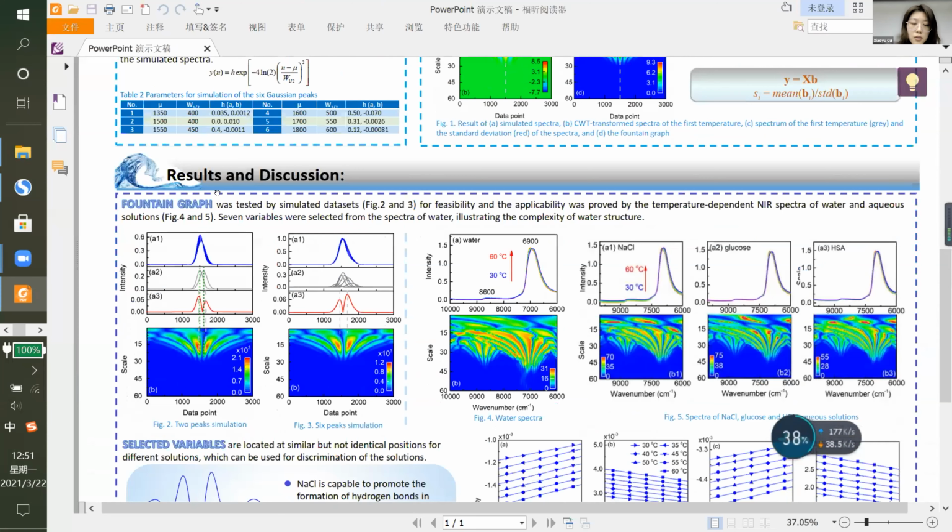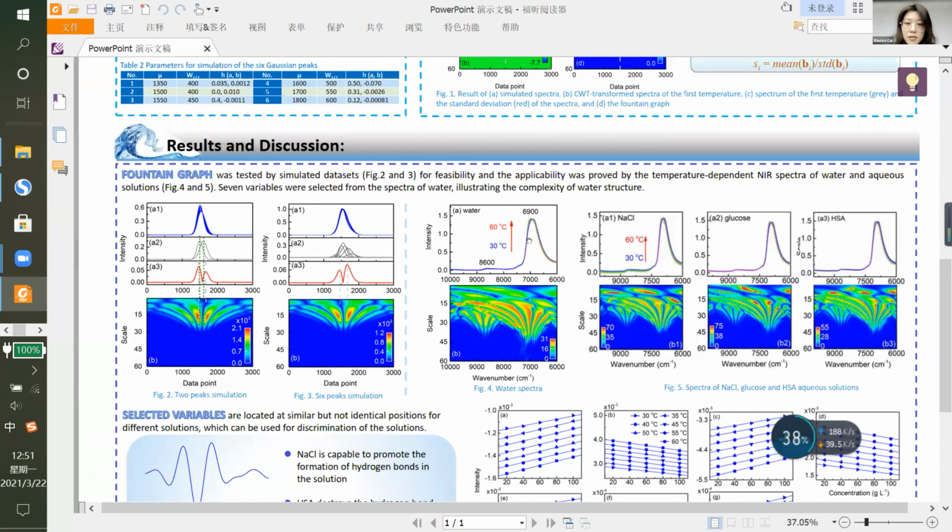First, we used it on water. We can see the water spectrum is more complicated than the simulated spectra. Then we used the method and got this picture. It's like a fountain, spreading the water spectrum with the features, so we call it the fountain graph.